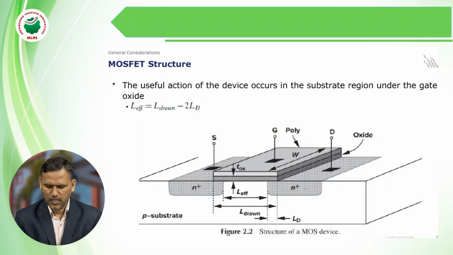Here N plus gives the source and drain terminals, and from the polysilicon we can observe the gate terminal, and the oxide layer is the insulating layer between the gate and substrate. So here this is the substrate, gate, source terminal, drain terminal, polysilicon, oxide layers.